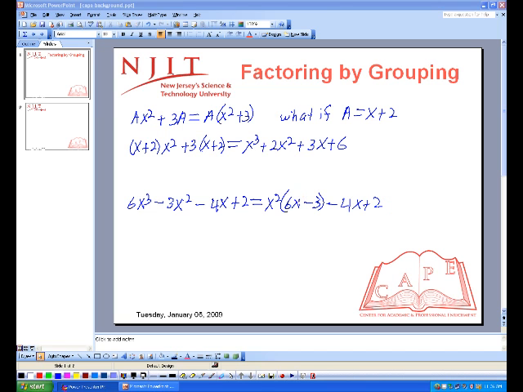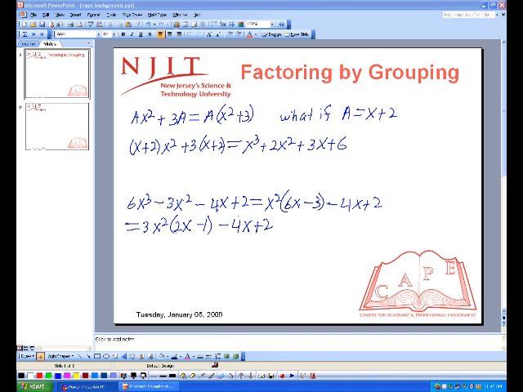From here, let's factor out the 3 from 6x minus 3. So this leads to 3x squared times (2x minus 1) minus (4x plus 2).